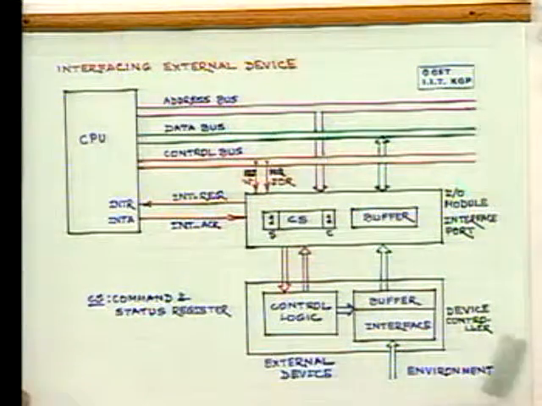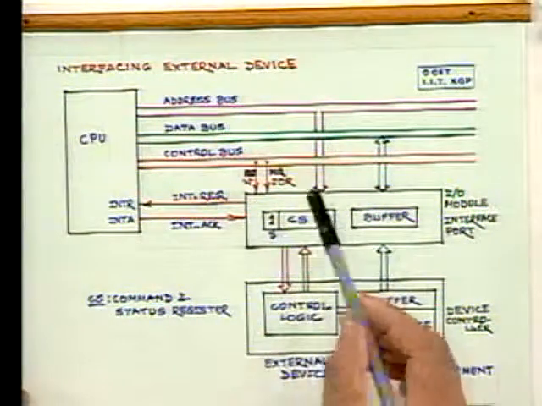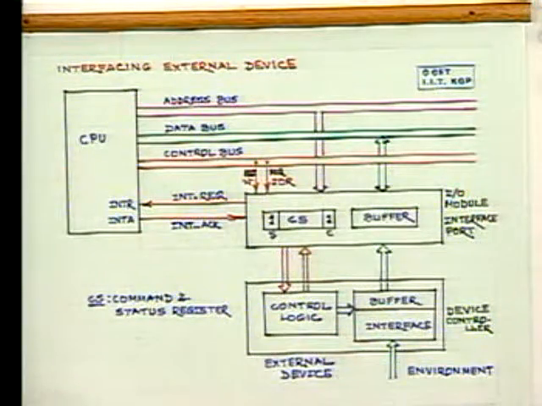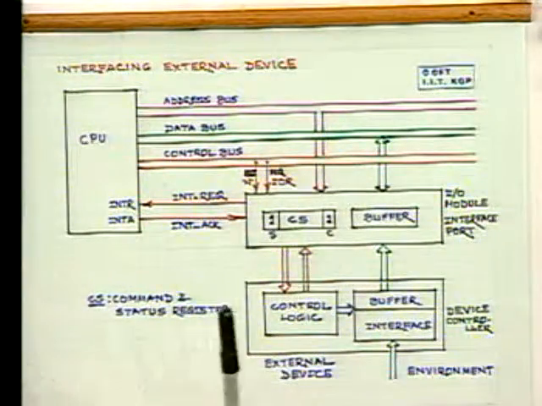Therefore, what I intended to mean is that the emphasis of this discussion has been the protocol of data transfer between the I/O module and the CPU module. In the case of the interrupt service routine or interrupt handler, we were discussing as if a single device has been connected to the CPU.